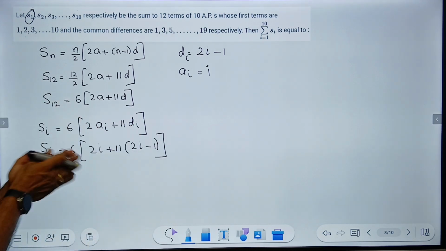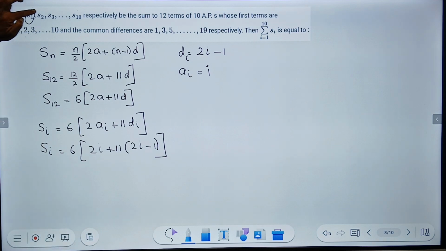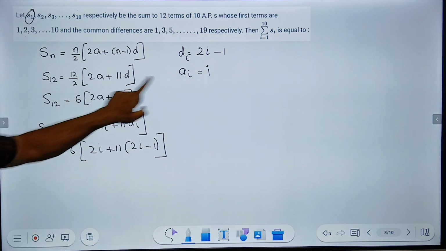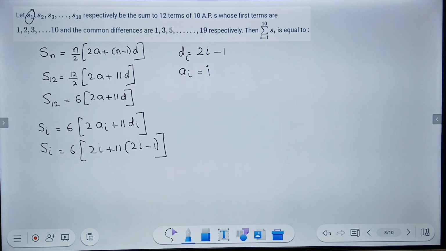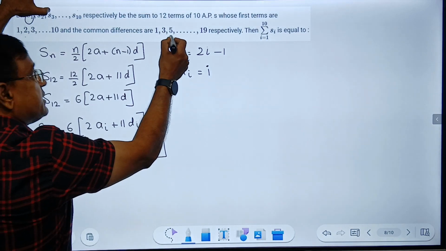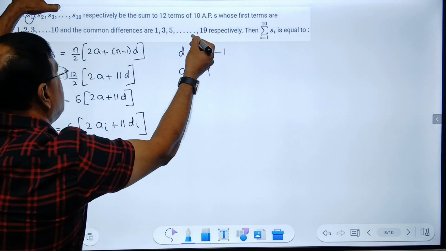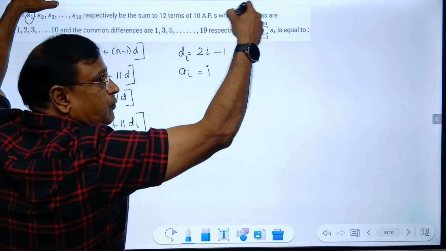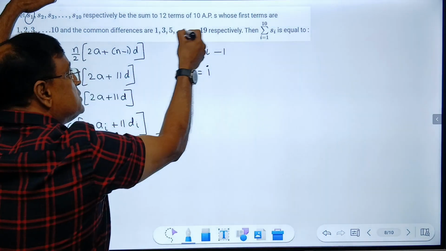But if you look at it carefully, for each of your S1, S2, S3, S10, the first term is 1 for S1. For S2 it is 2. For S3 it is 3. S4 it is 4. For Si it will be i. And for common difference, S1 it is 1. S2 it is 3. S3 it is 5. S4 it will be 7. So for the ith term, the numbers are odd numbers.